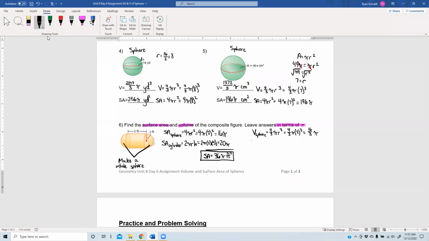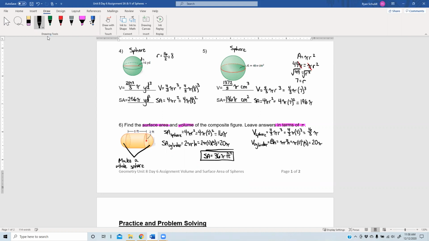Okay. Now let's do volume of the cylinder. Remember, that's BH, but the area of the base is a circle. So pi r squared times h. It's going to be pi times 2 squared times 5, which will give us 20 pi.